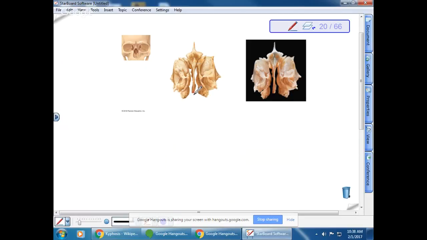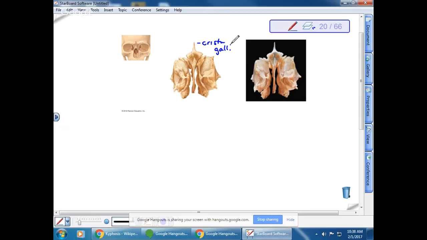This one comes down and connects with the vomer, so that perpendicular plate. And then this comes up and connects to the dura mater on the brain. That is what is called the crista galli. And that means, what does that mean? Crista galli is actually on the ethmoid bone. I think that means something, I can't remember what that means.